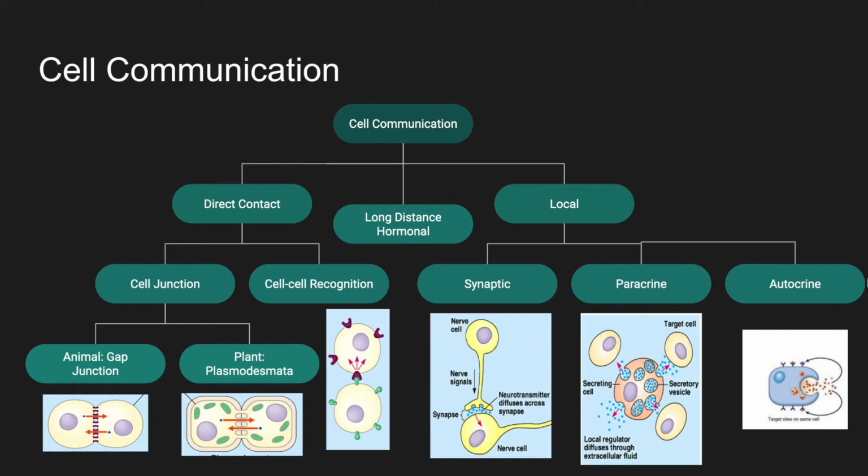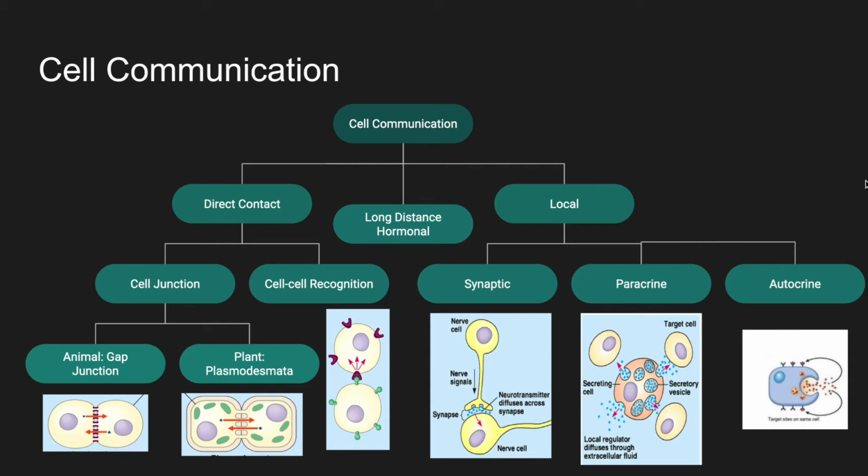Okay, next we're going to talk about long distance signaling, and this is generally specified to endocrine signaling, which is hormonal signaling. This is when you have a secretion of a signaling molecule from a gland generally, and that signaling molecule will travel through the bloodstream to a different part of the body, where that molecule will then bind to a receptor in a targeting cell.